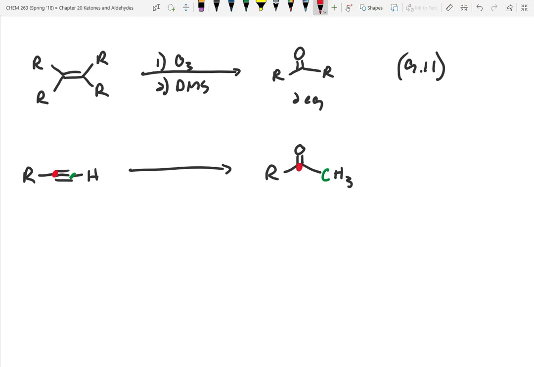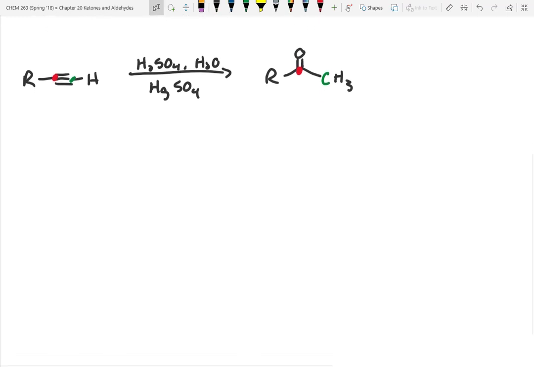How do we do that? You need acid and water, so H2SO4 and water. And then what was our catalyst? Does anybody remember? Yeah, mercury 2 sulfate. Usually any mercury 2 salt will work though.